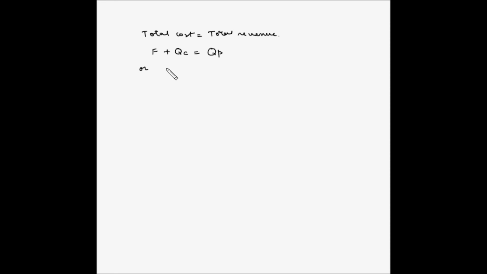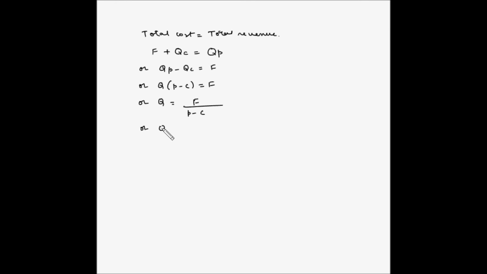So QP minus QC is equal to F, or Q(P minus C) equals F, or Q is equal to F divided by P minus C. Now this P minus C is nothing but the unit selling price minus the unit variable cost, which is equal to the unit contribution margin.